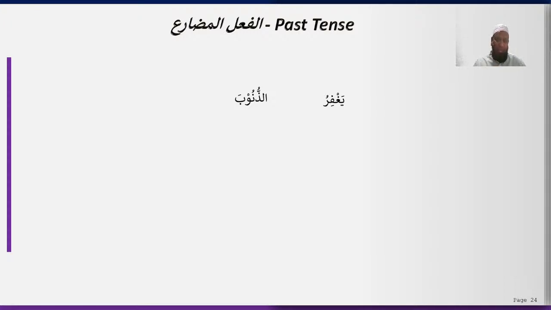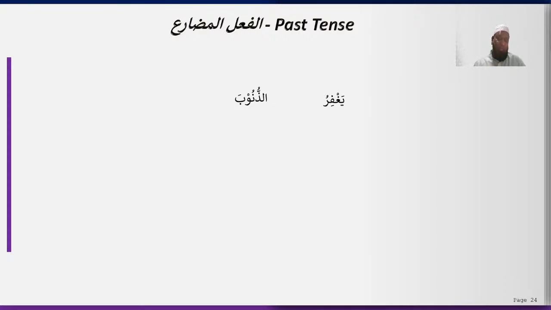But don't just be blind, look at the fa'il as well. If we make dhunubu the fa'il, that means dhunubu is doing the action of yaghfiru. Can dhunub do the action of yaghfiru? No. So that will be wrong. Dhunub can never become the fa'il.